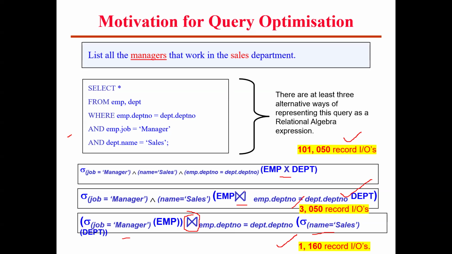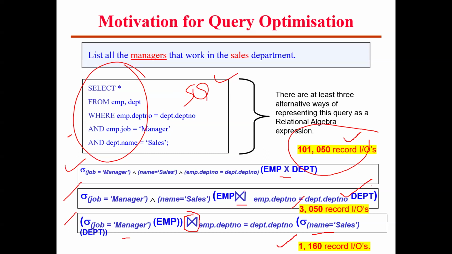If I ask you that this is my query, and these are the different ways in which I can represent my SQL in relational algebra, and when I execute them the first takes this much work, the second takes this much work, the third takes this much work, which one is the best, you think? Of course, the last one is the best because it has fewer IOs.